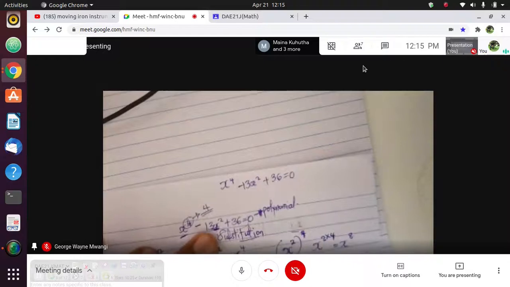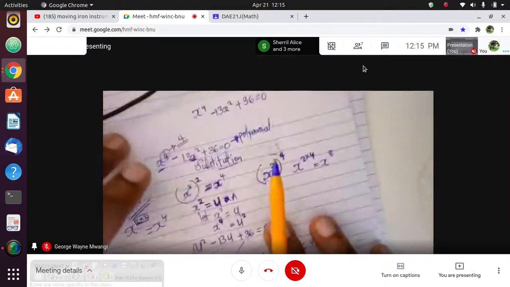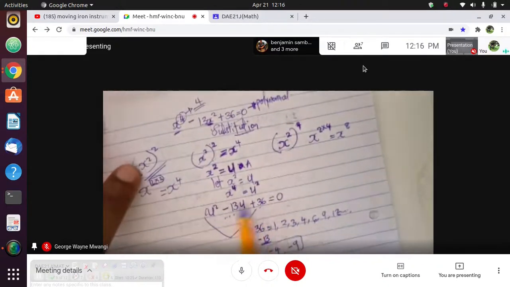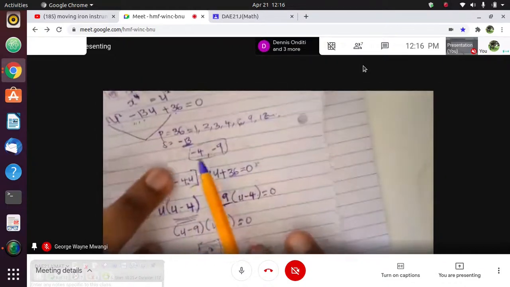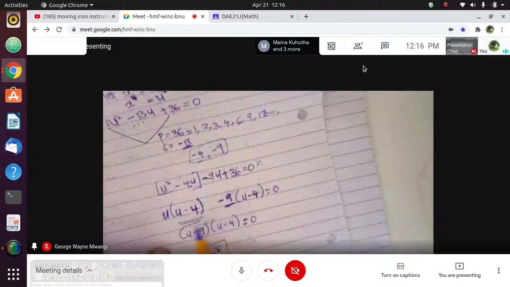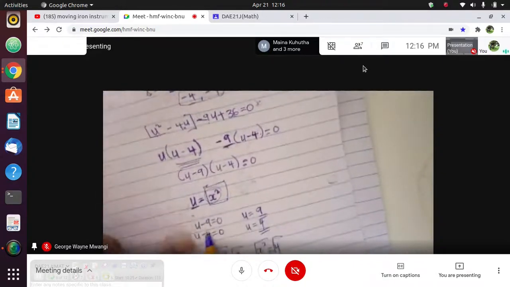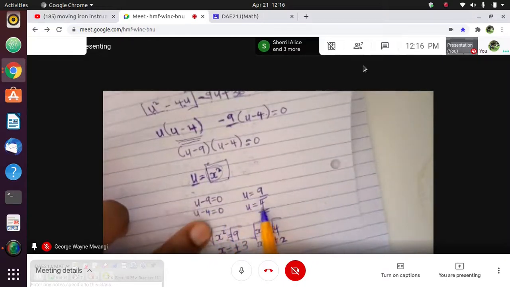What did we do? We took this equation, we reduced it to a quadratic equation. Once we reduced it to a quadratic equation, we factorized it. After factorizing our quadratic equation, we got that the answer is 9 or 4.